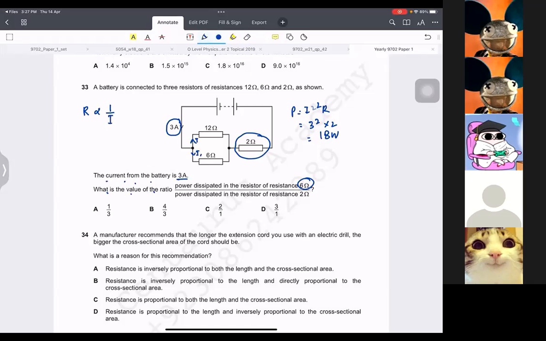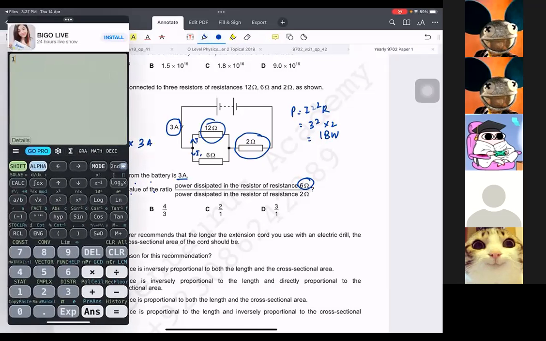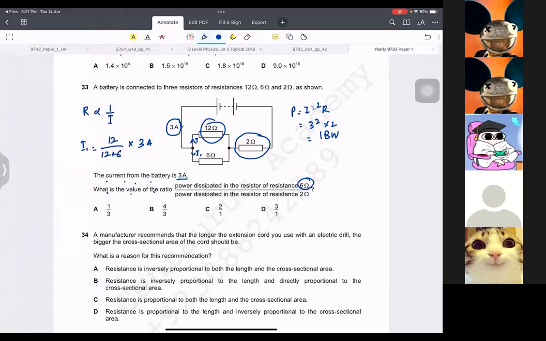For finding I1, you would put the other resistor, 12, on top. Then you add both of them, and then multiply by the total current. So what you do, 12 divided by 18, multiplied by 3. This is 2 ampere. So here it will be 2 ampere.